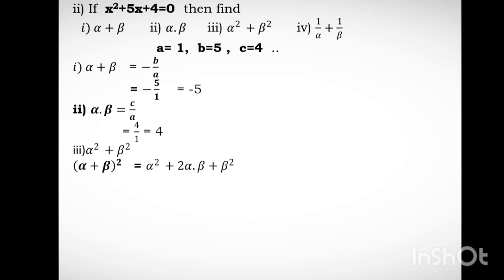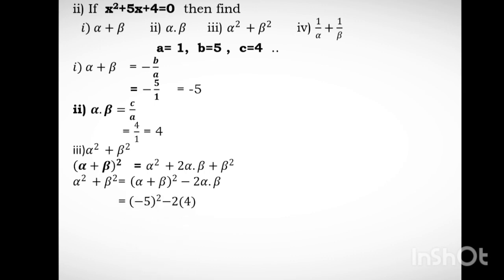So you get alpha square plus 2 times alpha beta plus beta square. We need to separate out the terms, alpha square plus beta square on the left hand side and the other terms on the other side. So you finally get alpha square plus beta square is equal to alpha plus beta whole square minus 2 times alpha into beta. Now we only need to substitute the values on the right hand side, that is alpha plus beta and alpha into beta.